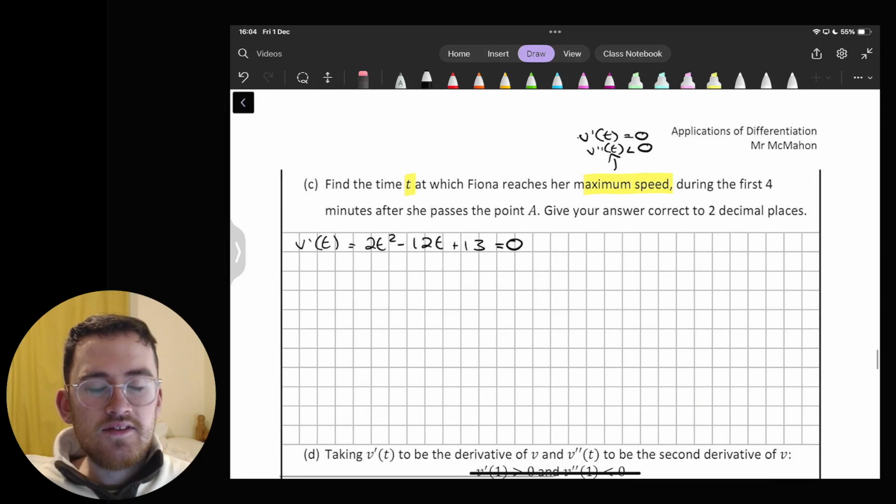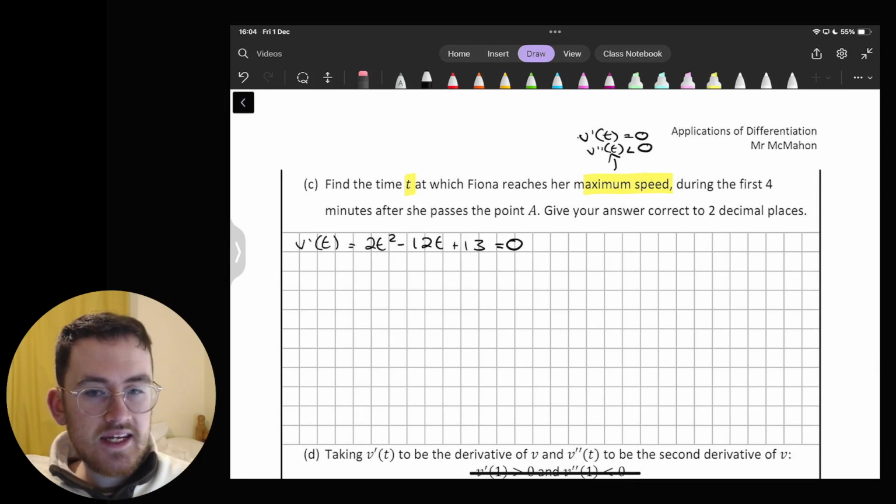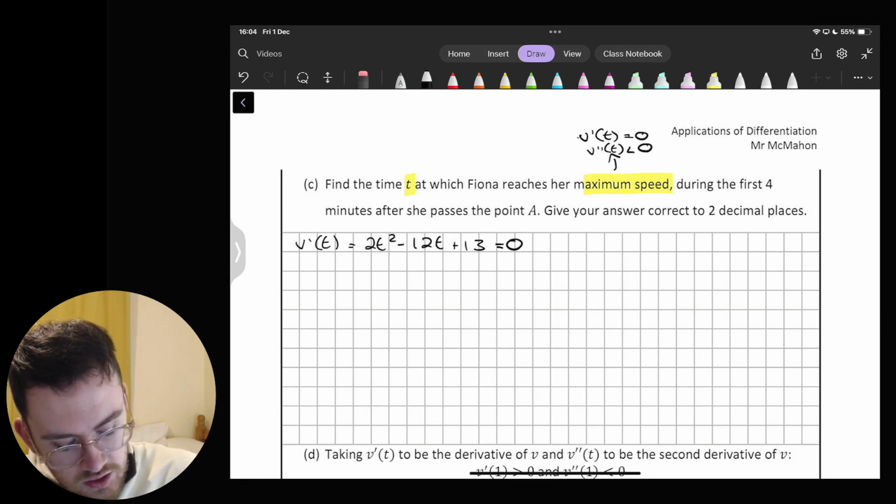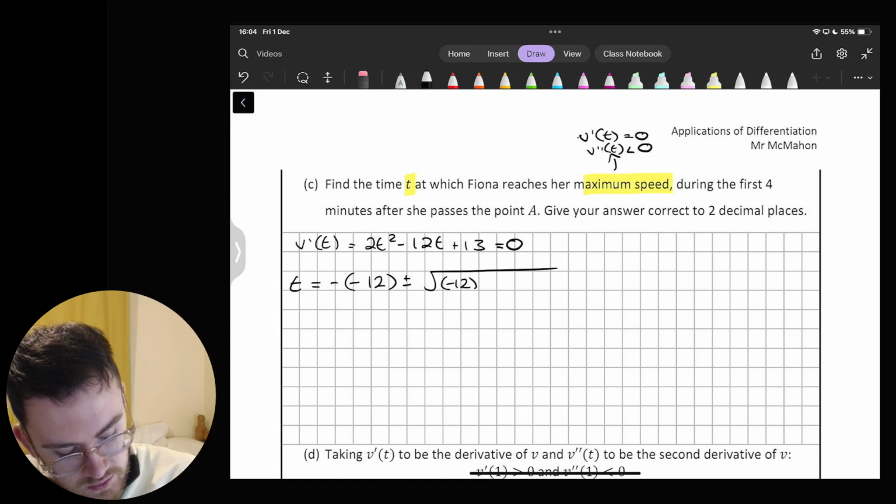Given that I've been told to give my answer correct to 2 decimal places, I'm thinking that I may need to go straight to the quadratic formula because I have a quadratic here. So t is minus minus 12 plus or minus the square root of 12 squared minus 4 times 2 times 13, all over 2 times 2.